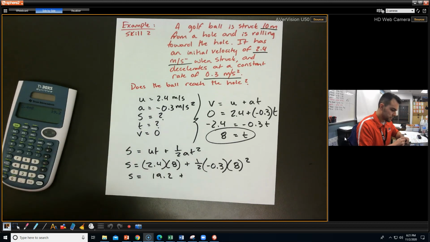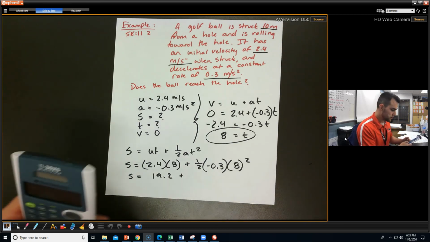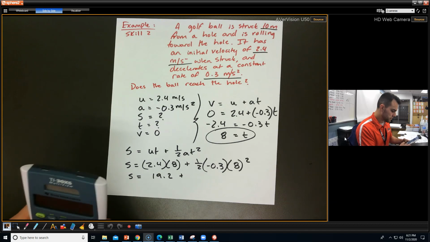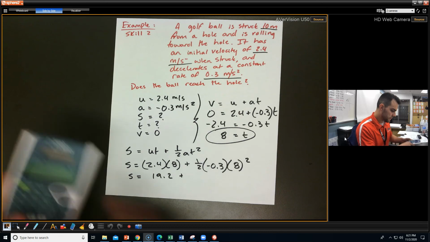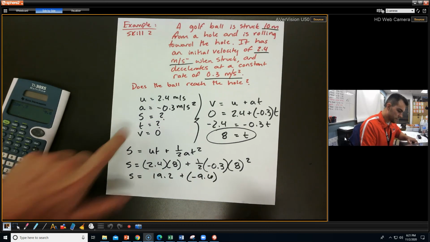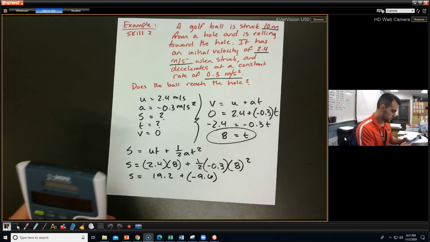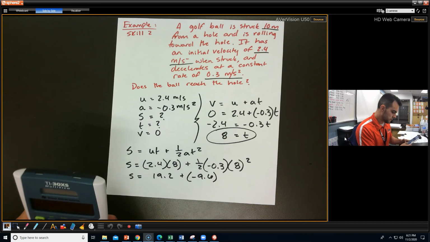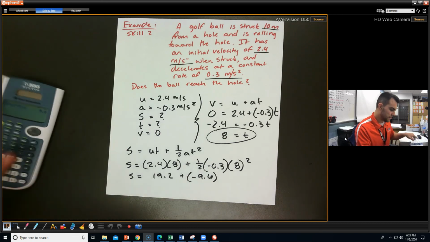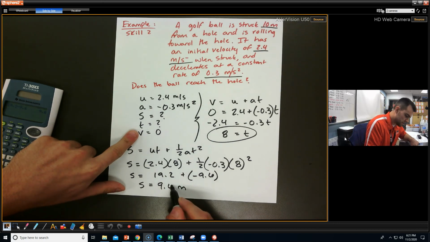And then plus, we have 64 divided by 2, which is 32. And 32 times negative 0.3 gives me negative 9.6. So basically 19.2 minus 9.6, and I end up getting a displacement of 9.6 meters.